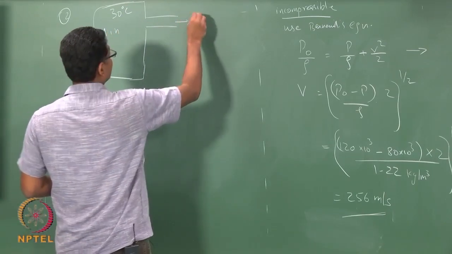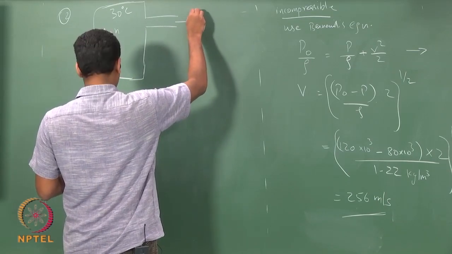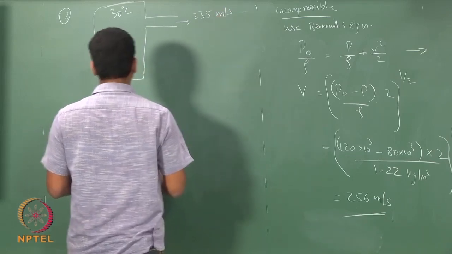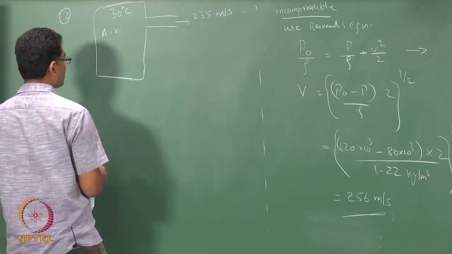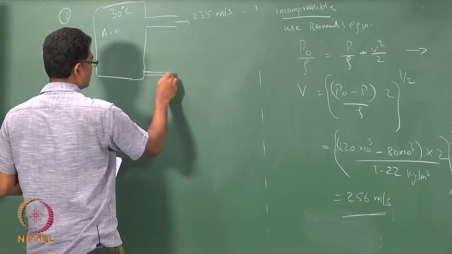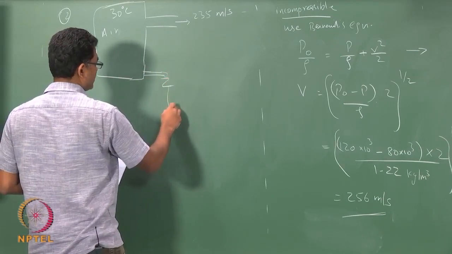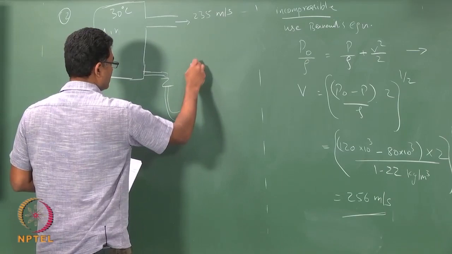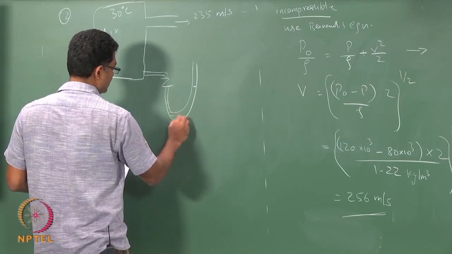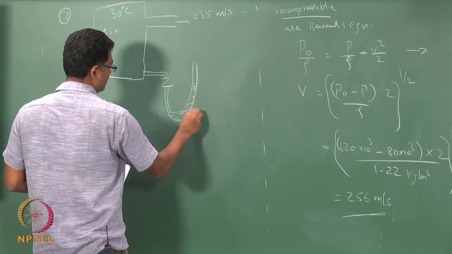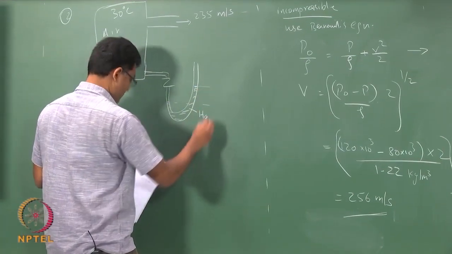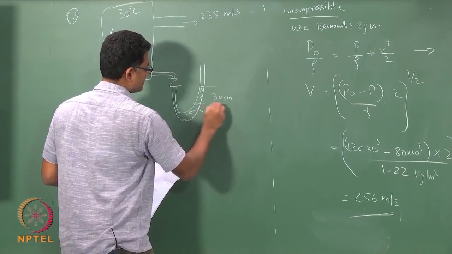The velocity that is coming out of this tank through a nozzle or an orifice is given, and I connect this to a U tube which has mercury, and the difference in height is around 30 centimeters.